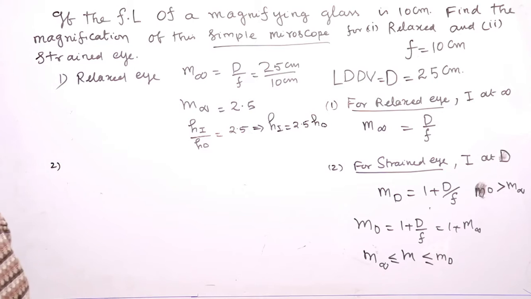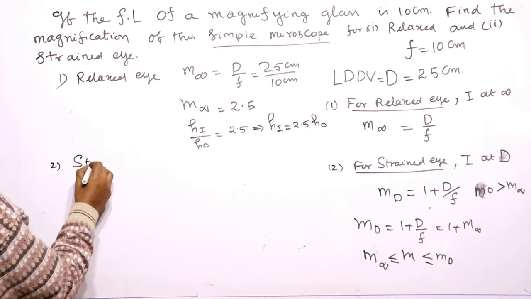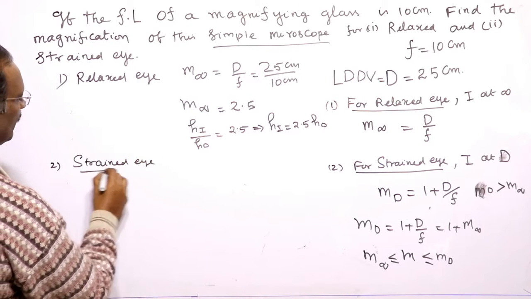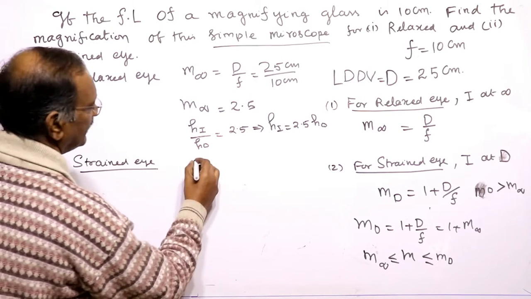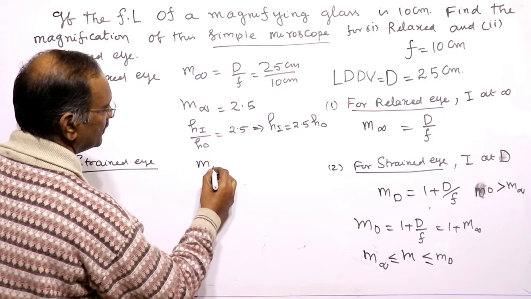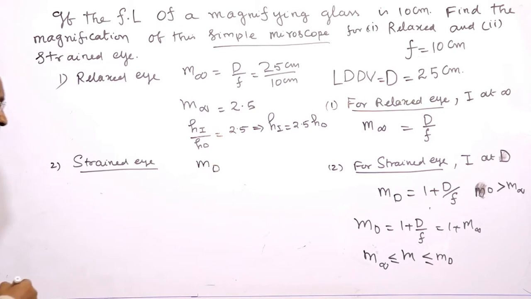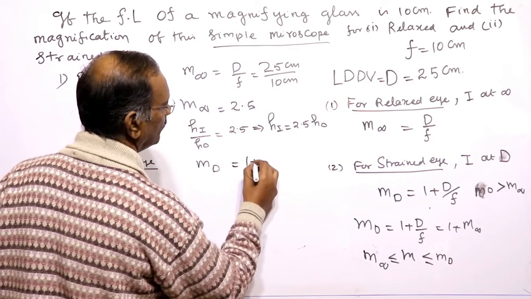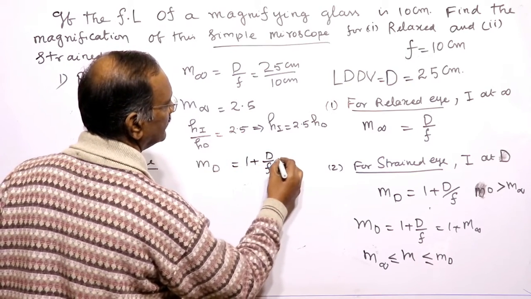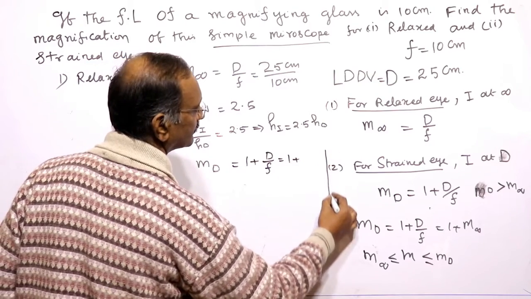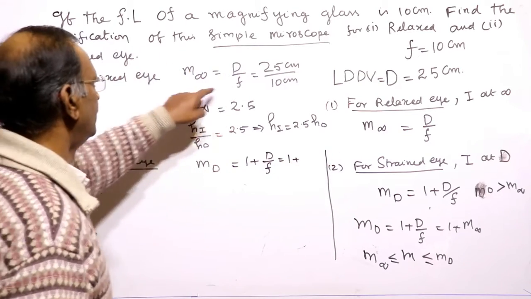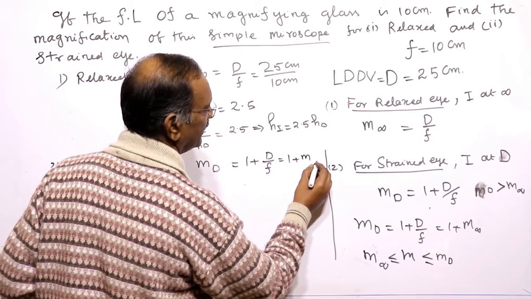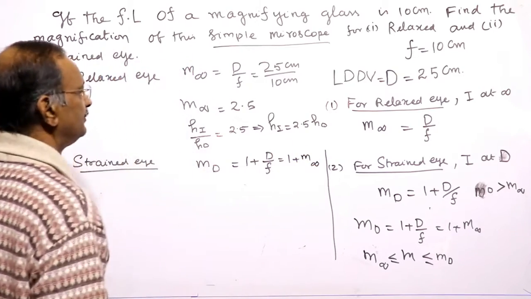Second case, for strained eye. For strained eye, the image is produced at the least distance of distinct vision, so magnification is equal to 1 plus d by f, where d by f is the magnification m infinity.